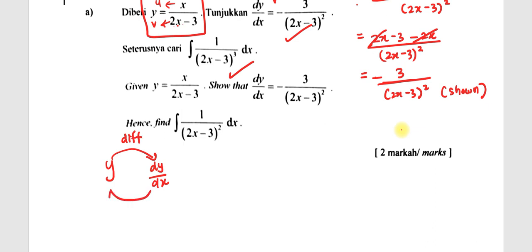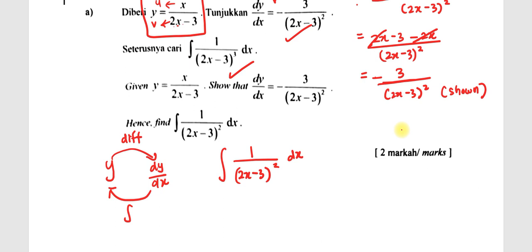From dy/dx, you want to get back your y, we call it integration. We know this very well, correct? Now let's see this. They asked you to integrate this with respect to dx.